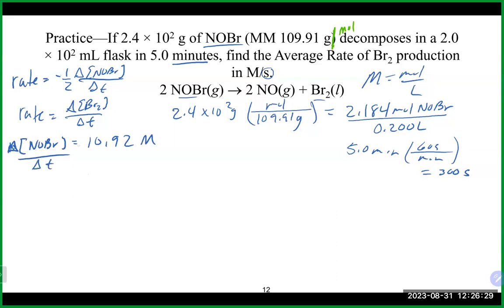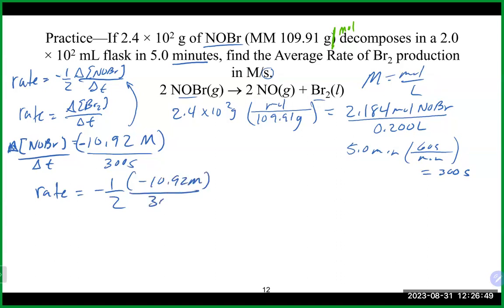So that's going to give me 300 seconds, and I'm also going to put a negative there. And we'll put that into our rate expression. So the rate is equal to -1/2, negative 10.92 molar over 300 seconds.